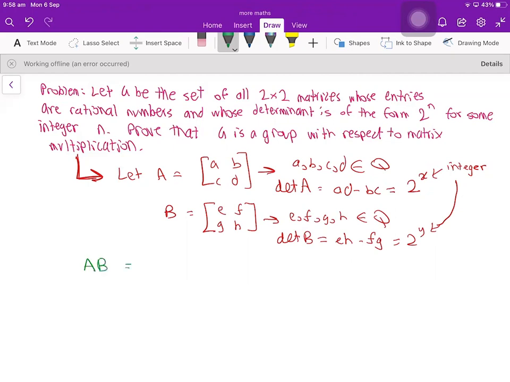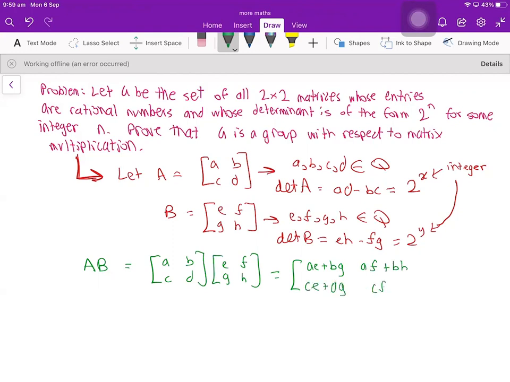This is going to be our operation on our set of matrices. Now we have ABCD times EFGH, and doing matrix multiplication, this equals AE plus BG, AF plus BH, CE plus DG, and CF plus DH.